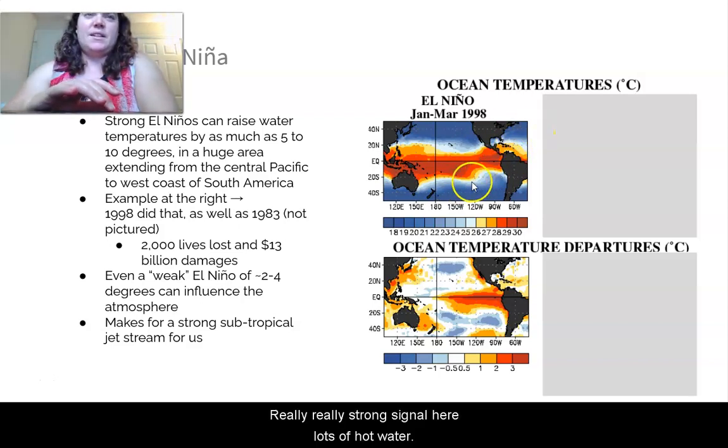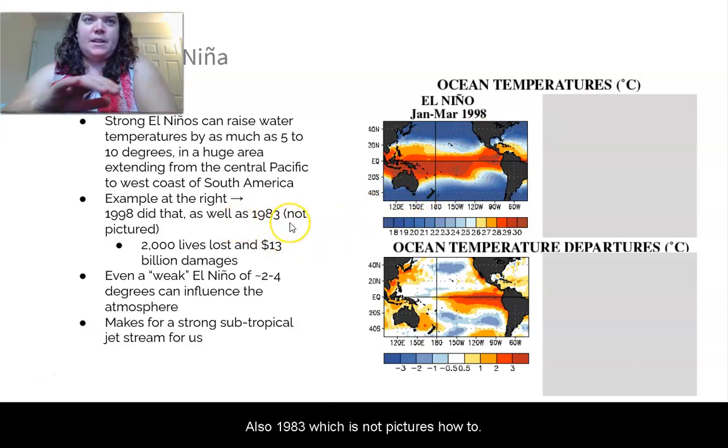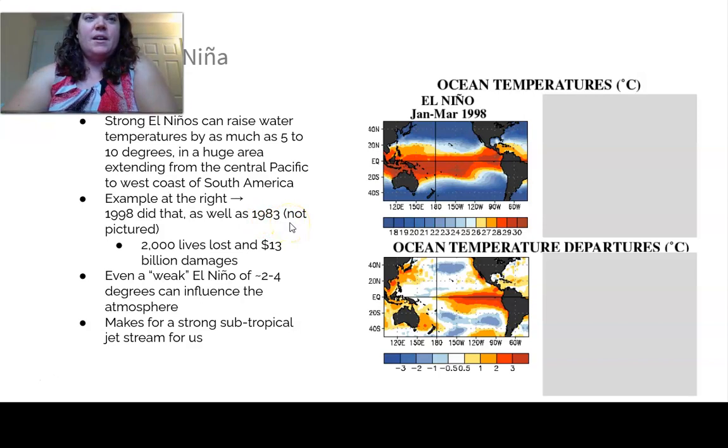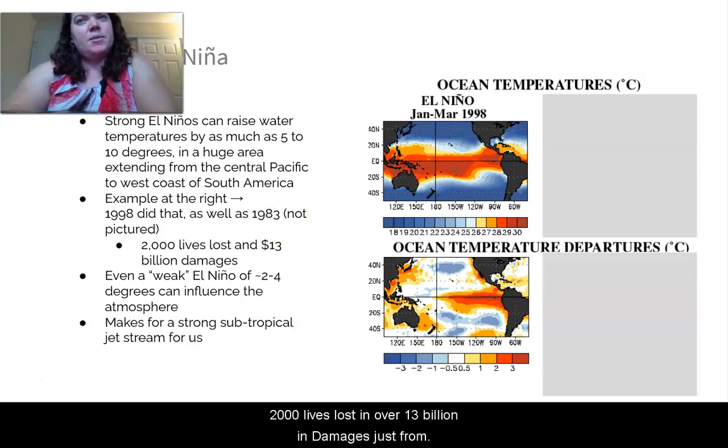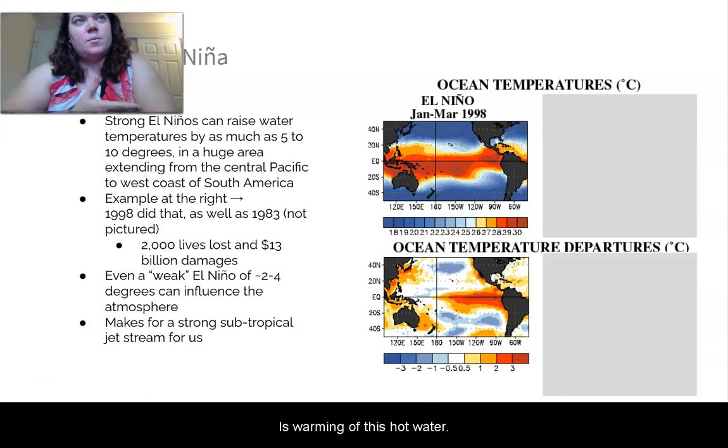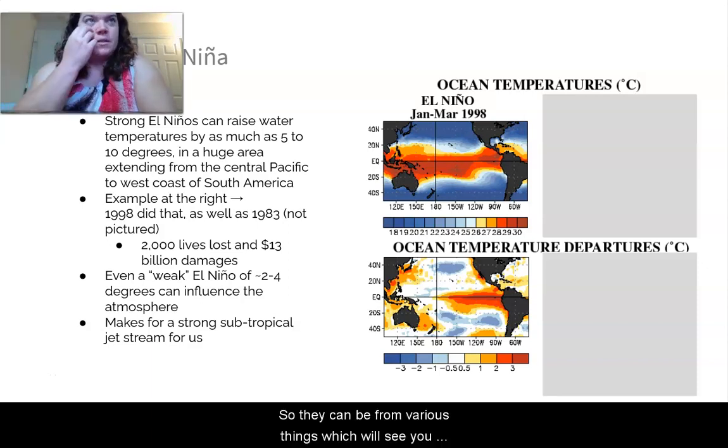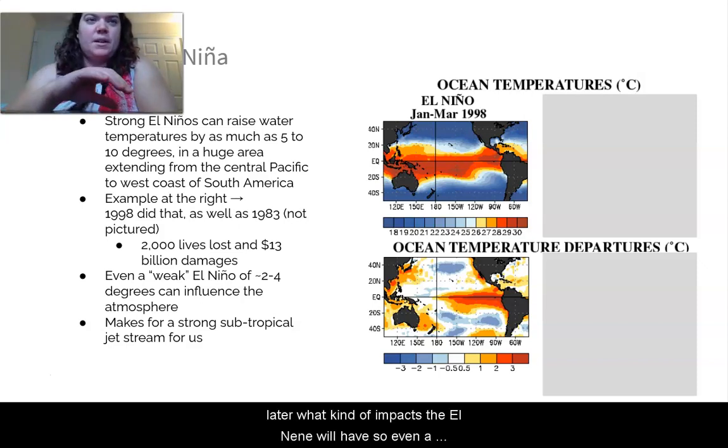Really, really strong signal here. Lots of hot water. Also, 1983, which is not pictured, had 2,000 lives lost and over 13 billion in damages just from this warming of this hot water. So that can be from various things, which we'll see later, what kind of impacts the El Nino will have.